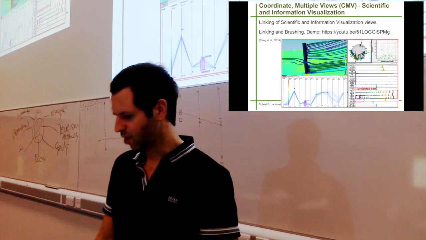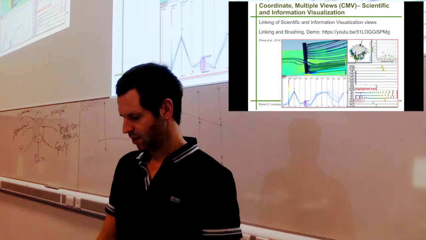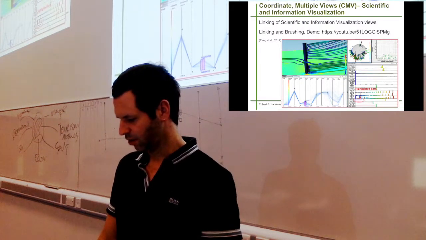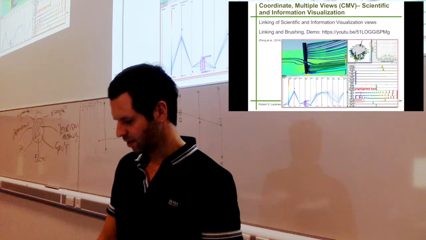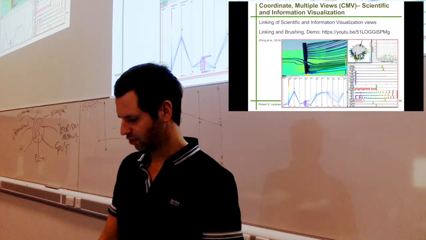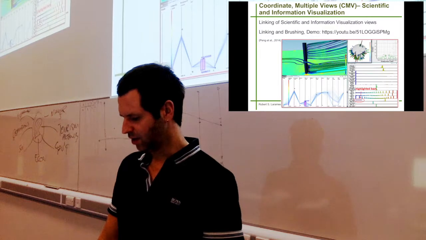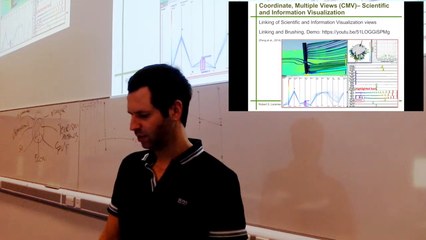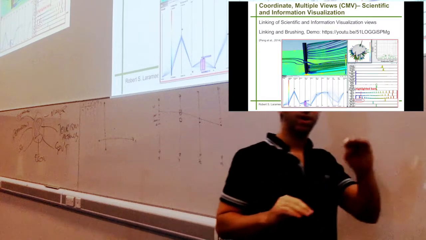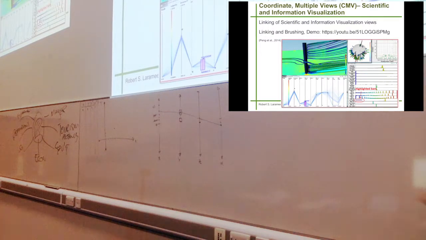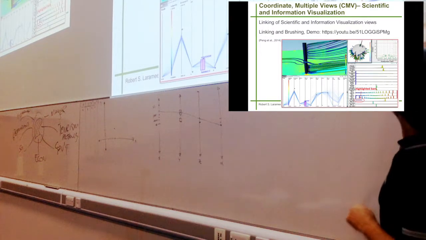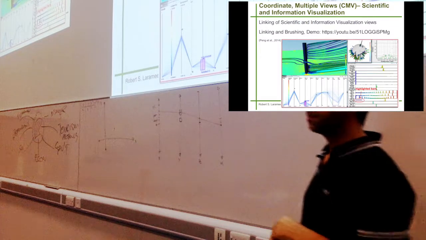Here's a scatter plot view of the same data, and this happens to be like curvature of the streamlines versus the position of streamlines. Here is a histogram table, so every attribute, every dimension of the data plotted as a histogram stacked on top of one another.